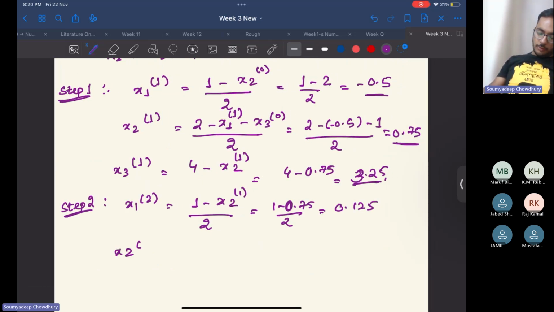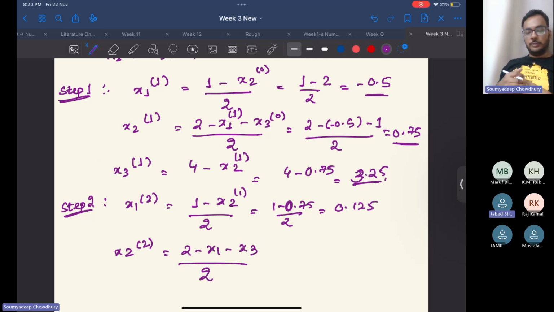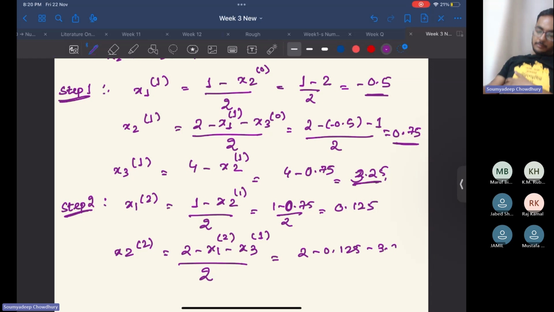Okay, now for x2 of 2, can you tell me which values of x1 and x3 I should use? No, we are finding x2 of 2, so x1 of which one should I use? Sir, x1 of 2, sir. Then x3 of 1. So it is (2 minus 0.125 minus 3.25) by 2.